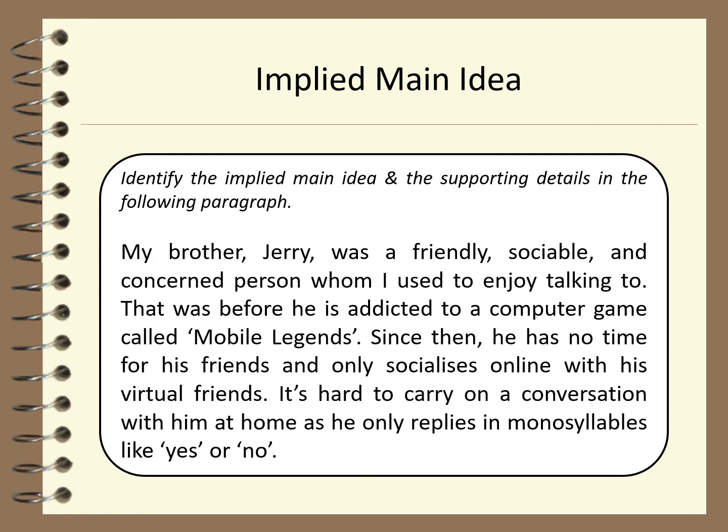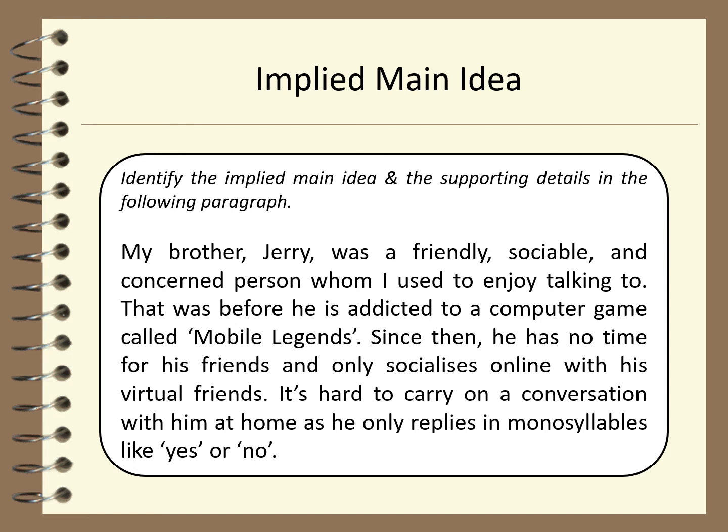Now, let's try to understand the situation here. How was Jerry before this? Jerry was a good person, right? He was friendly, sociable, and a concerned person. Now, what happened to him right now? He is no longer that person. He's no longer friendly. He's no longer sociable because he is so addicted to the computer game Mobile Legends.